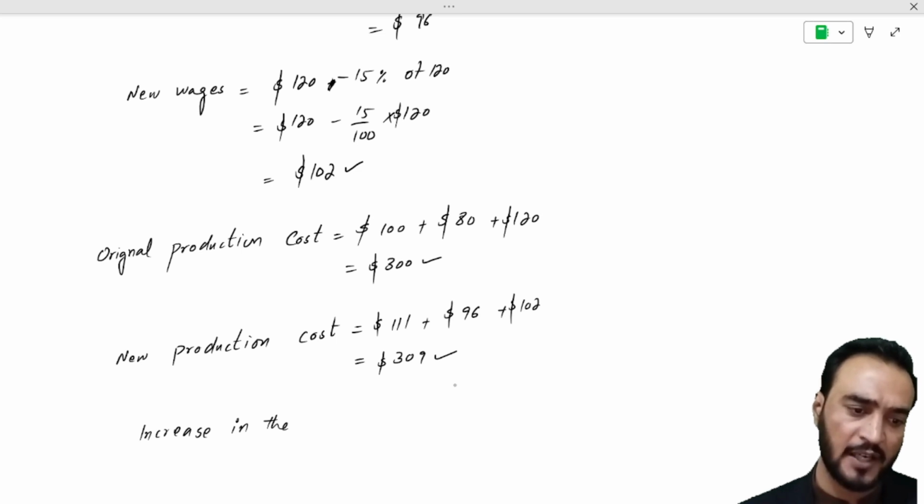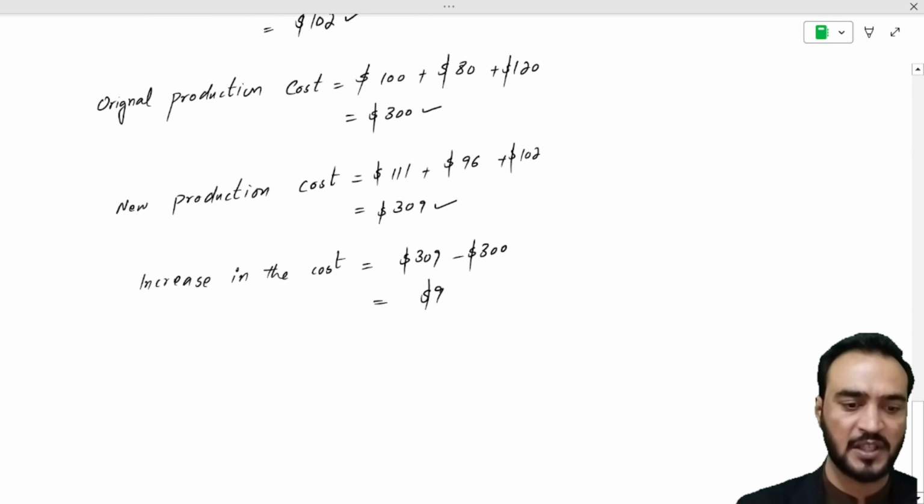So we will find the increase in the cost, which is equal to $309 minus $300, new minus original, which is equal to $9. Now we will calculate the percentage increase.